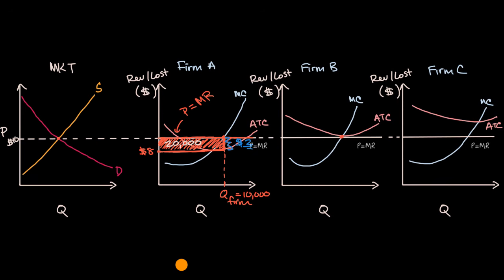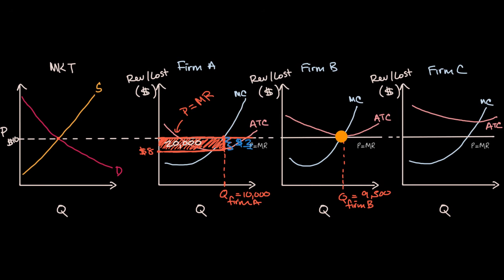Now, what is their economic profit at this quantity? So this is the quantity of the second firm, firm B. I'll write it like that. Maybe that is firm A, and maybe this is also, it looks about the same. I'll make them a little bit different. Let's say that's 9,500 units per time period. Well, here the average total cost at that quantity is equal to the marginal cost, which is equal to the marginal revenue.